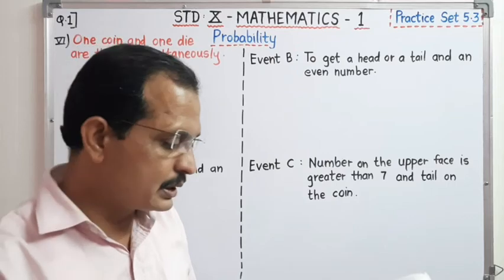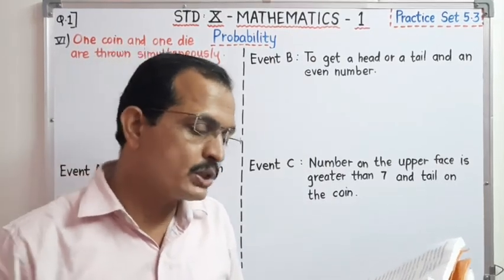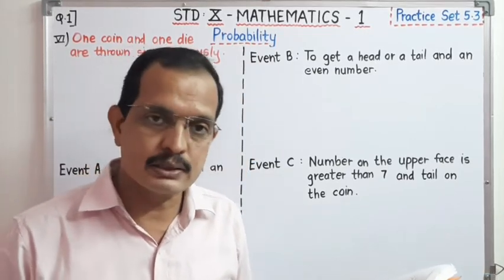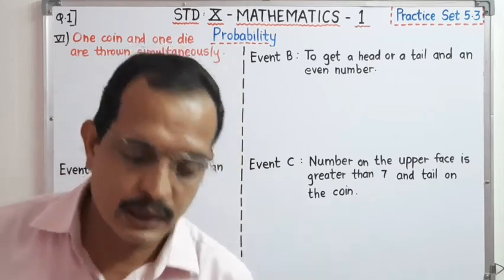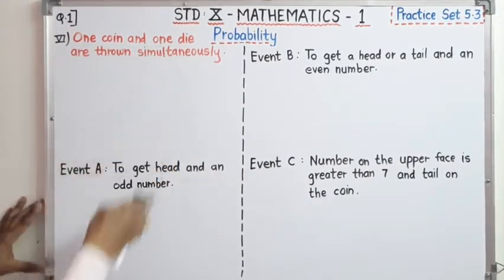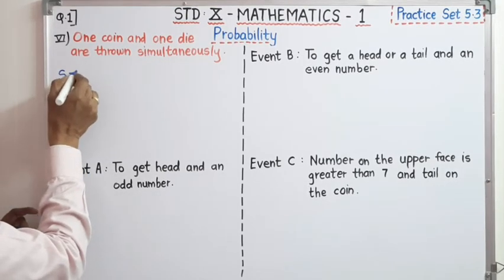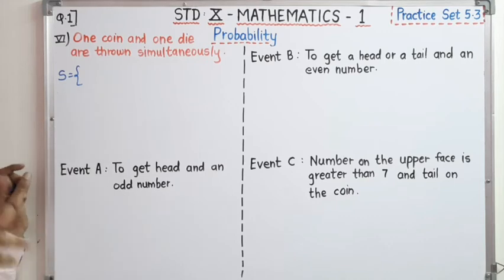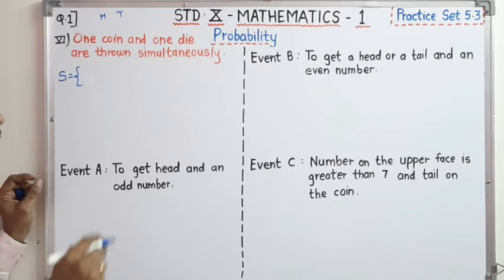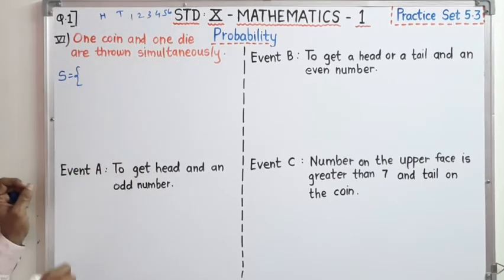Dear student, see question number 6.1. 1 coin and 1 die are thrown simultaneously and 3 events are given. We have to write the sample space S. 1 coin means H or T and 1 die means 1, 2, 3, 4, 5 and 6.